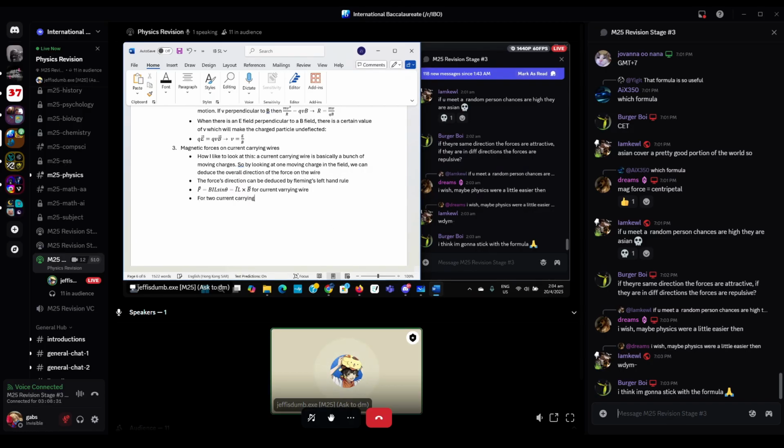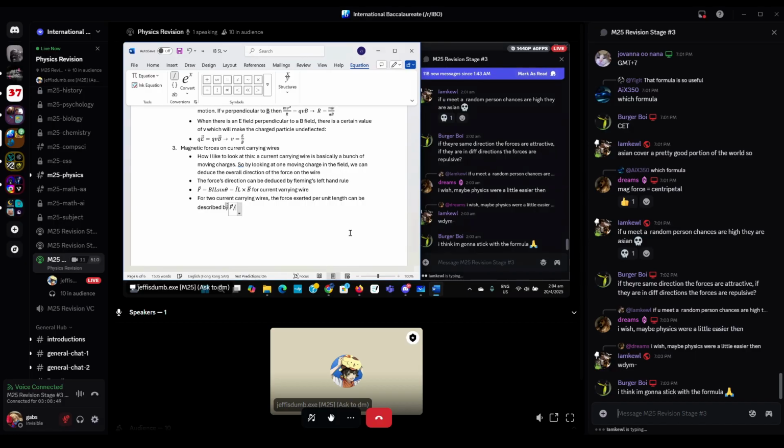the force exerted per unit length can be described by F equals mu naught I1 I2 over 2 pi r.